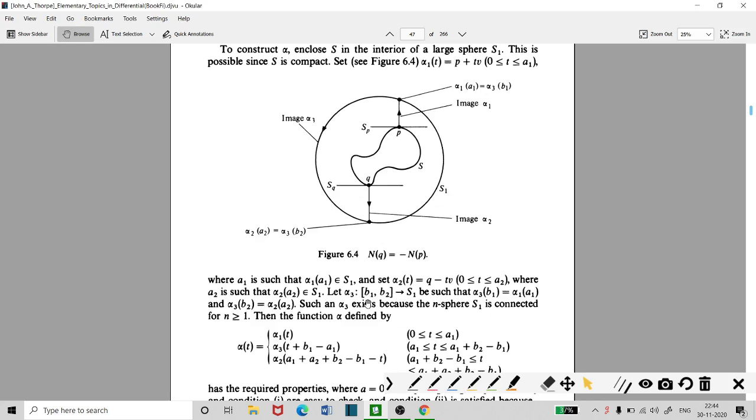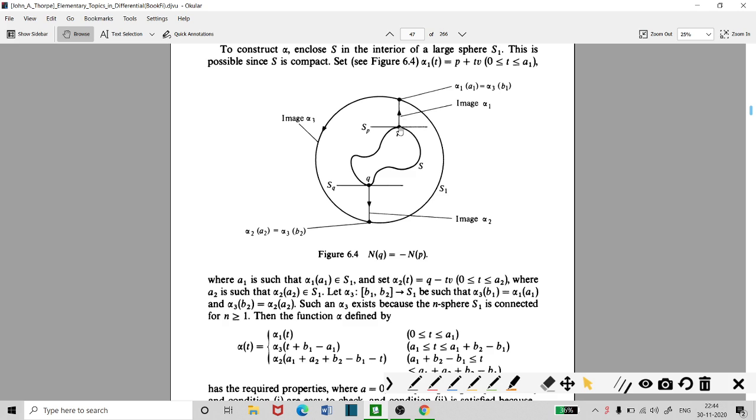In order to construct alpha, we first construct three functions: alpha 1, alpha 2, alpha 3. So alpha 1 of t is defined as p plus t times v. This p is this point, and tv is the linear function. So this is the equation of a straight line which passes through p and is parallel to v.